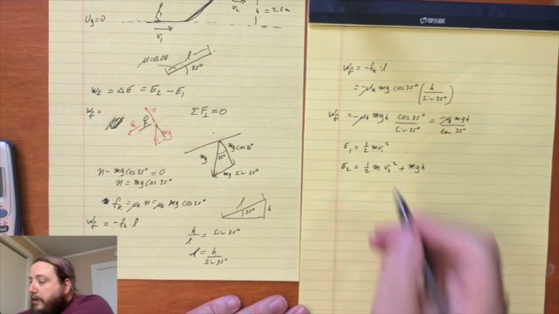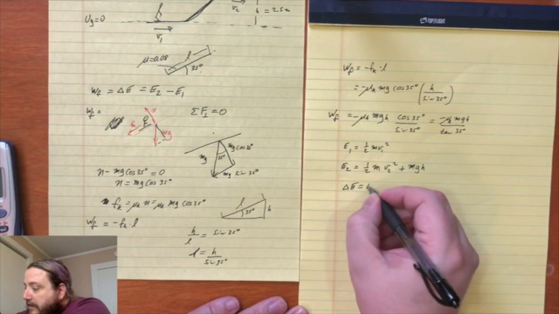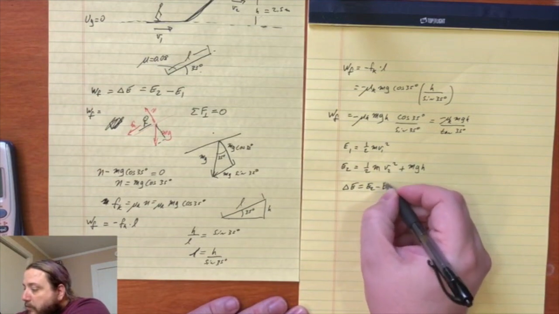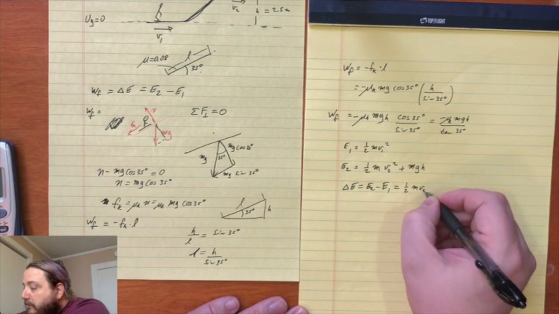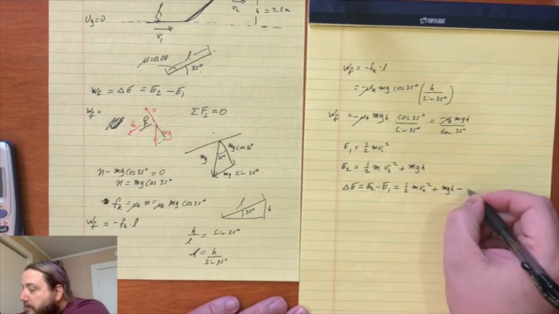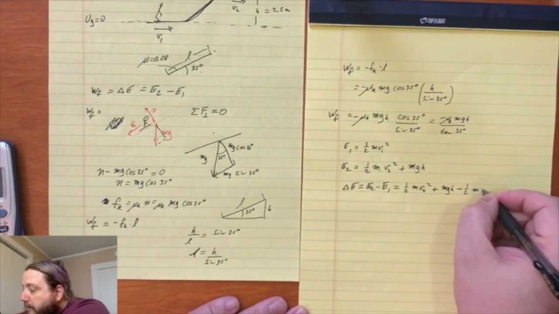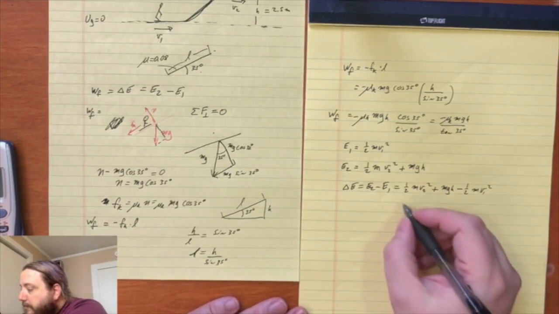And so the change in energy, E2 minus E1, is going to be 1/2 mv2 squared plus mgh minus 1/2 mv1 squared. We can simplify that a little bit.